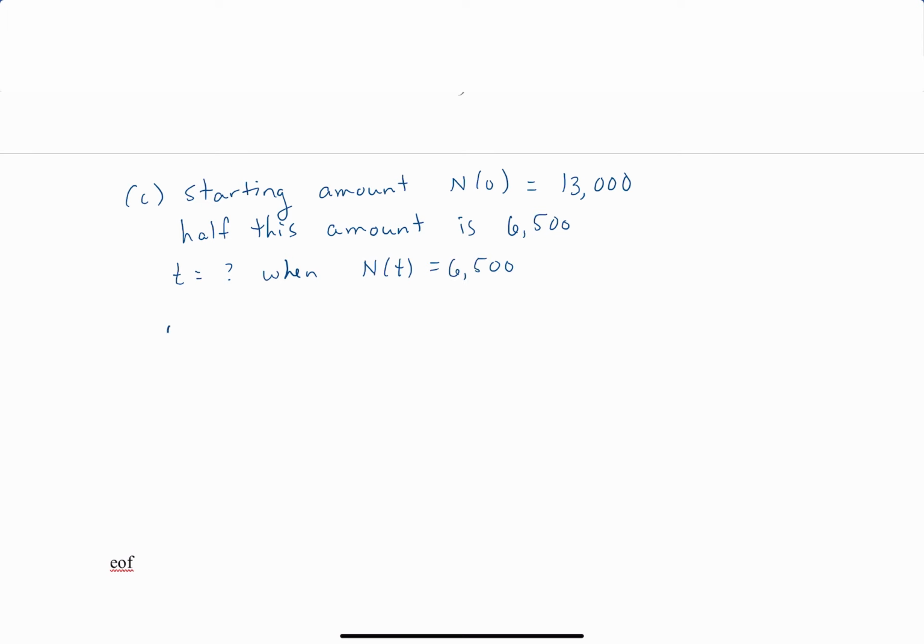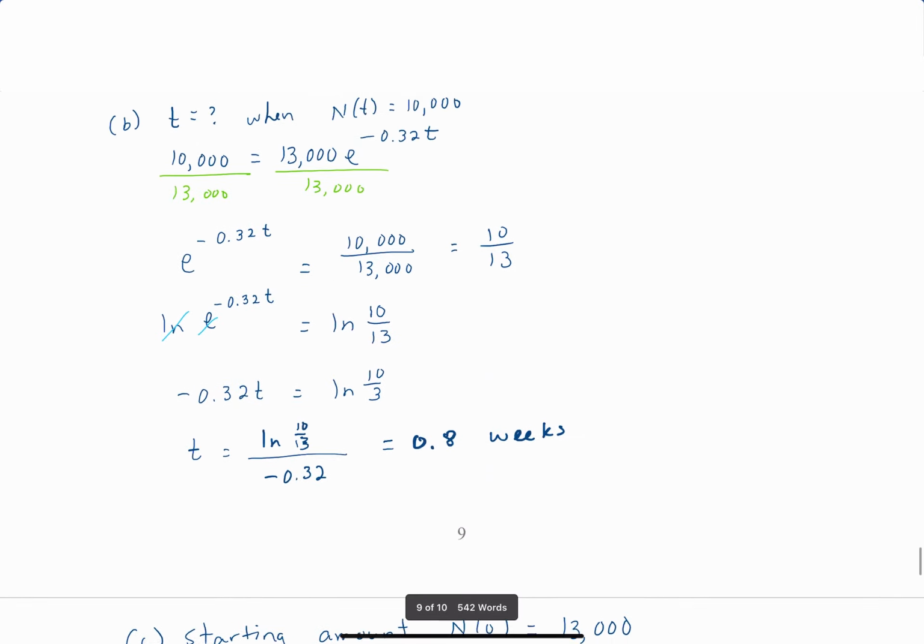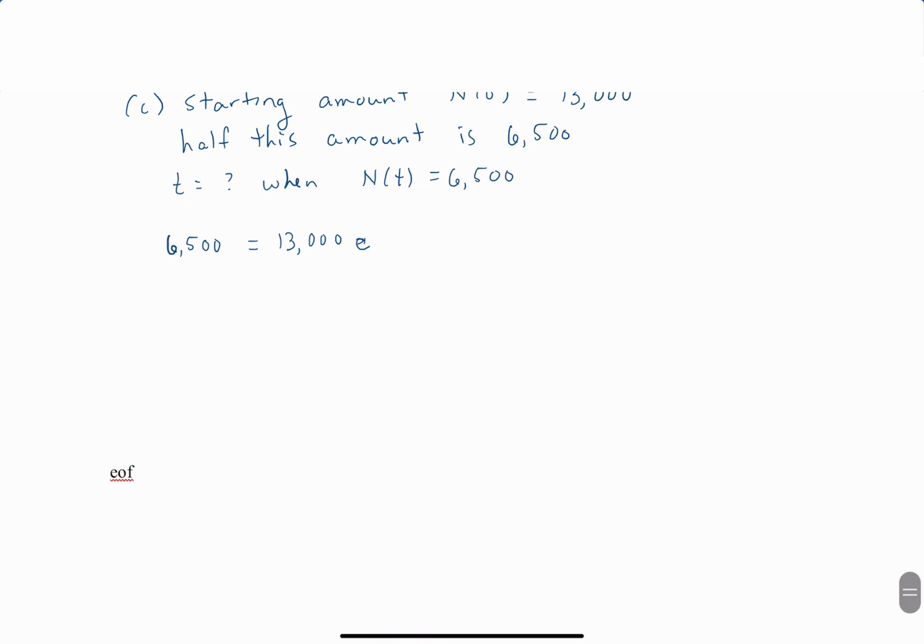So putting 6,500 in for N(t), we also know that N(t) is computed by 13,000e^(−0.32t).